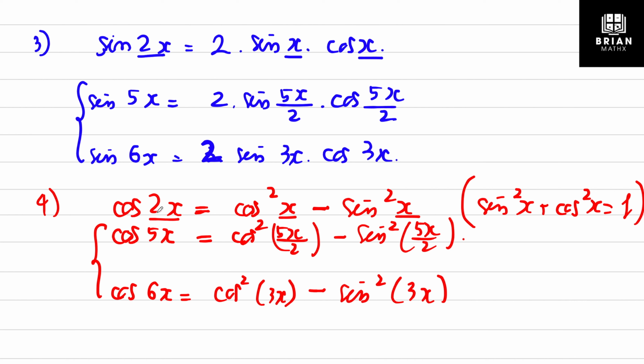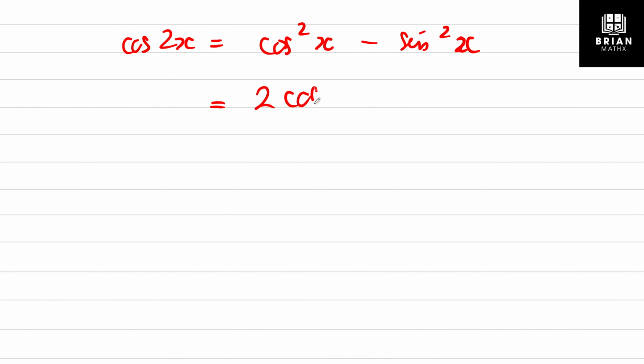We have other formulas for cos that are very special. The first thing you learn about the double angle of cos is like this, and I already gave you two examples, but I need you to remember two other forms. The first form is 2 cos square x minus 1. About this form, the first one has cos square and sine square in the term, but this one is only in terms of cos square x.